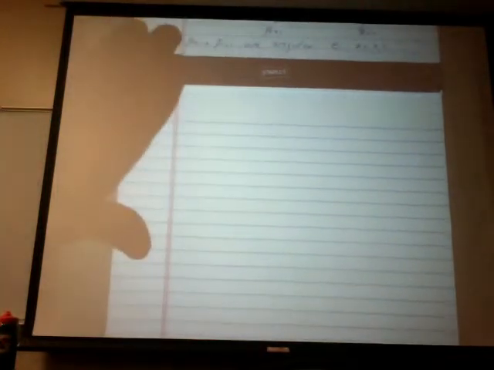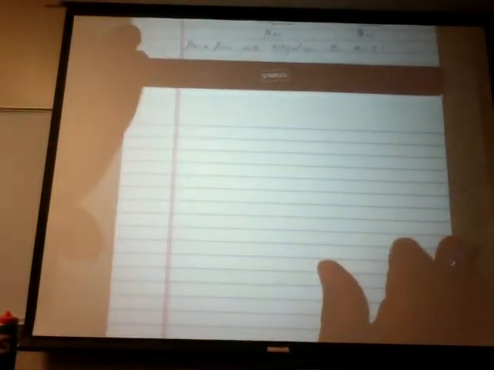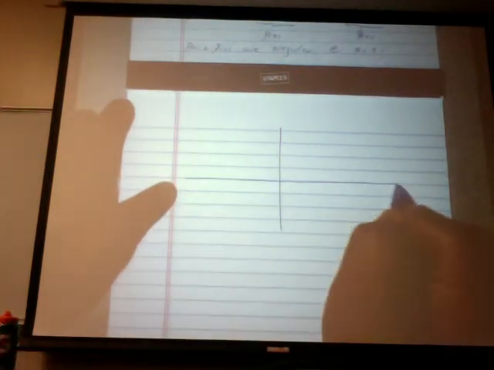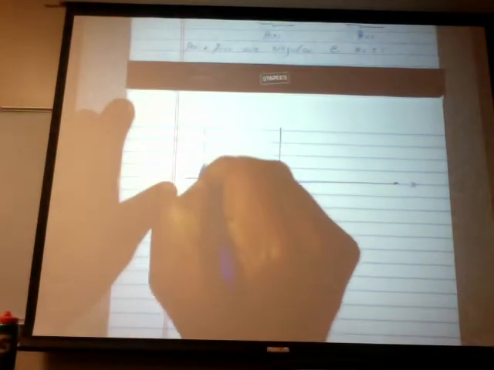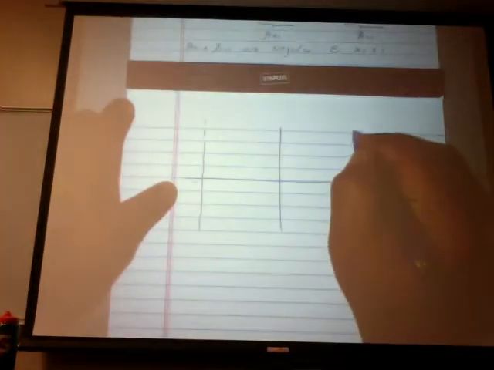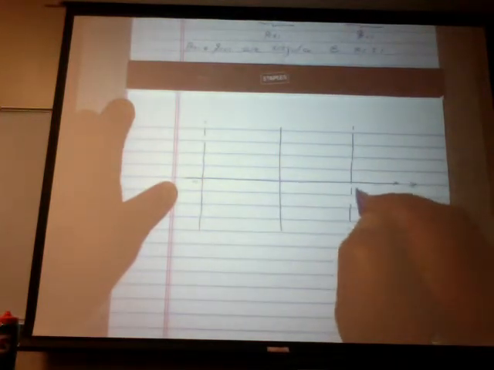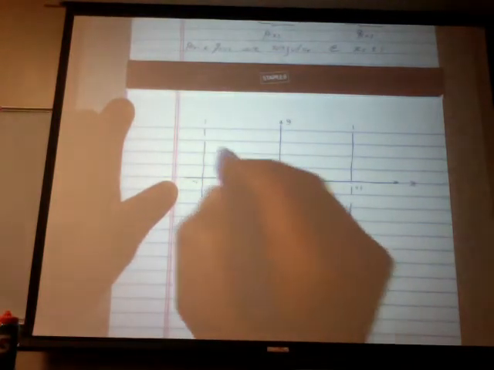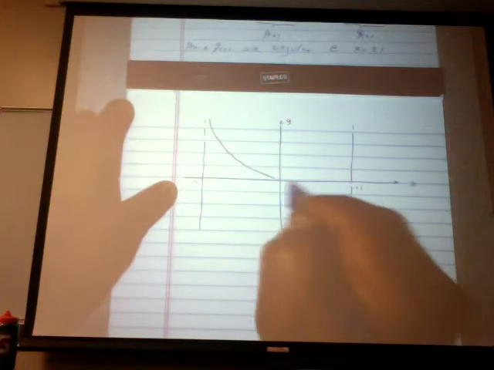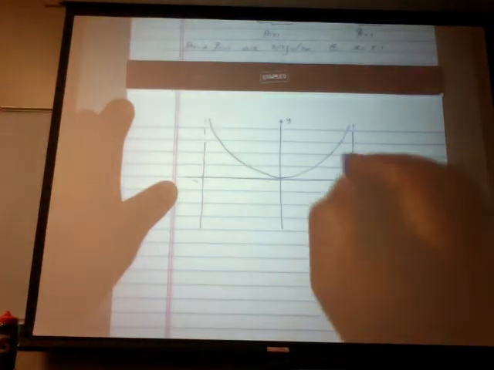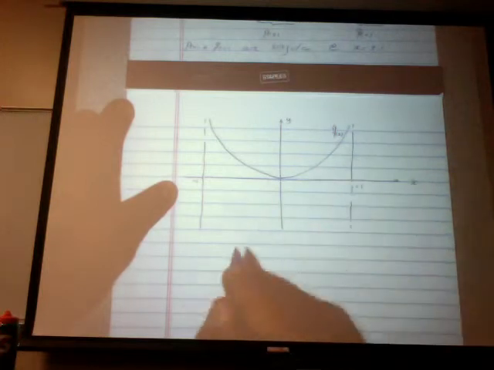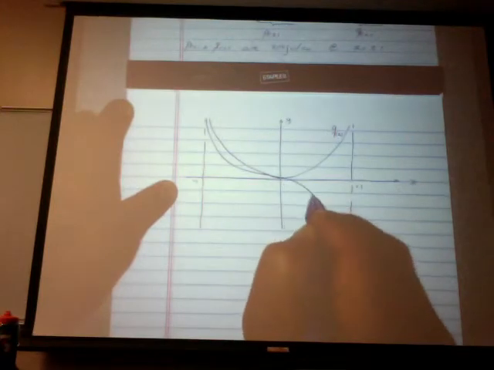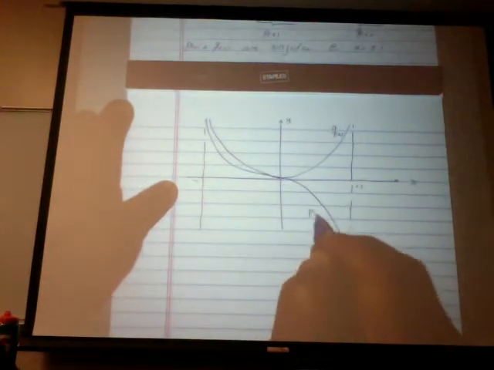Alright? So if you plot these two functions here, you'll notice that you have x, this is minus 1, this is plus 1, this is y, and Q(x) looks like this, and P(x) looks like that.